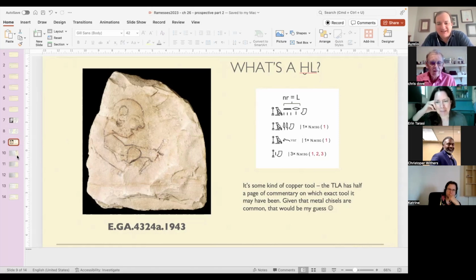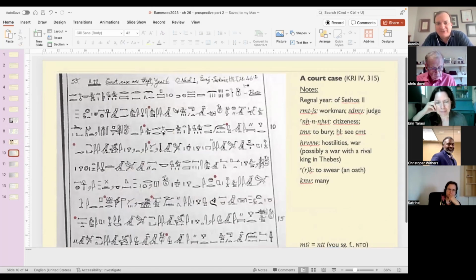All right, let's dive right in. There was a date at the beginning. The king is not mentioned, but the Ostracon is dated to the reign of Sethos or Seti the second. How do you do this? I'm not completely sure in this case, but what happens in general is that since we have so many records from Deir El Medina, one thing you can do is see who is on different ostraca and then cross-correlate.